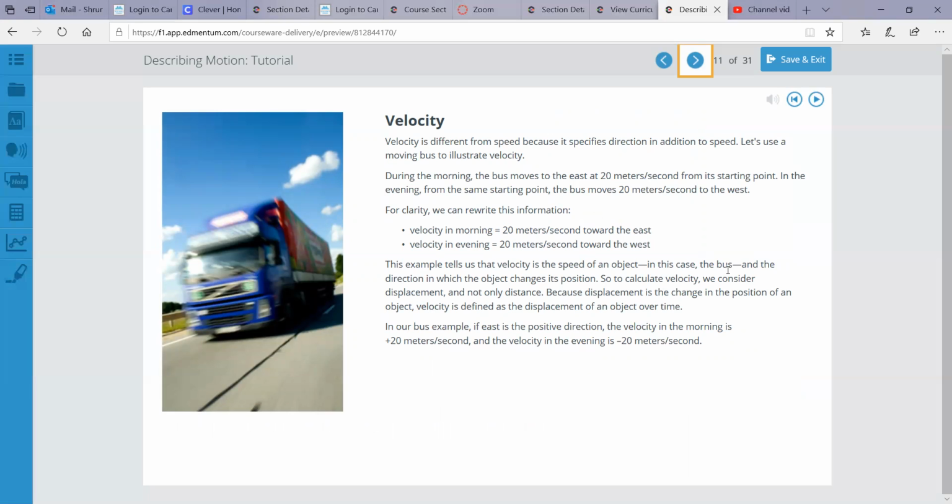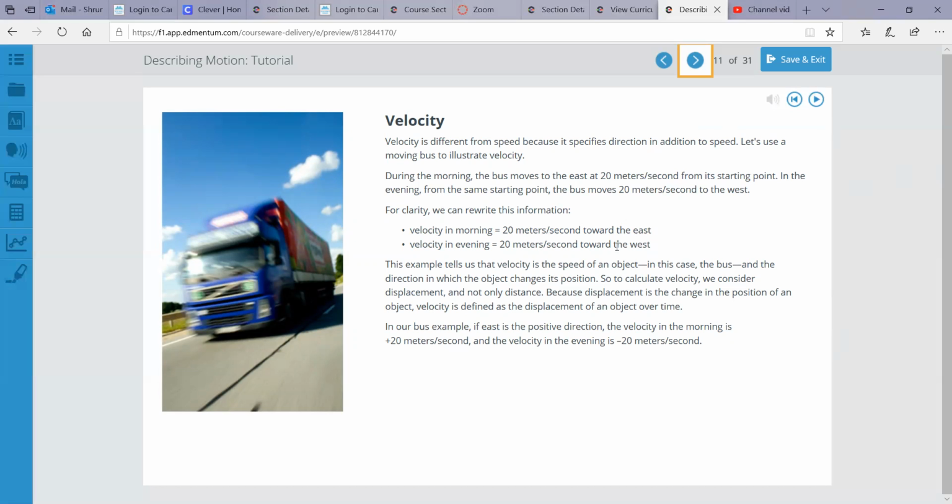So in an example, a bus moves to the east at 20 meters per second. In the evening, from the same starting point, the bus moves 20 meters per second to the west. So we're going 20 meters per second to the east, and then 20 meters per second to the west.